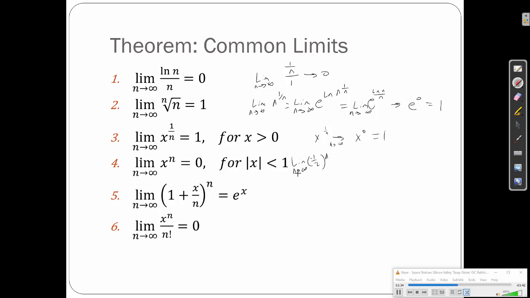And it's true if it's negative as well. If it's between -1 and +1, as n goes to infinity, it's going to get closer and closer to 0. So that's why this is true. If you want to actually do a proof of it, I guess you just have to show it's decreasing.